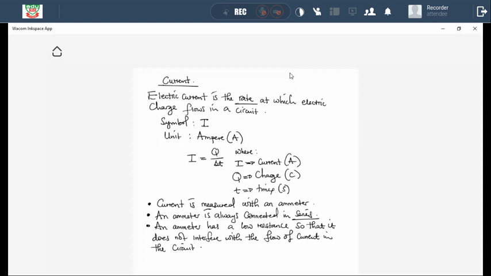Because we have been taught that the normal electron flow is from the negative to the positive. But when we look at the flow of current in our circuit at this level, we are going to use what we call the conventional current. And the conventional current flows from the positive terminal to the negative terminal of the battery. So if you are to draw an electric circuit and indicate the flow of current, you must always remember that we use the conventional current which flows from the positive to the negative terminal.